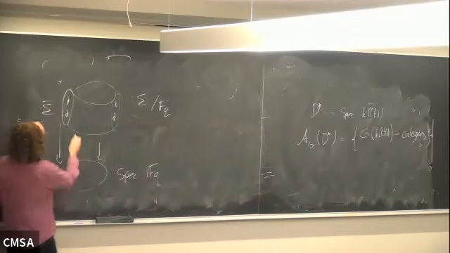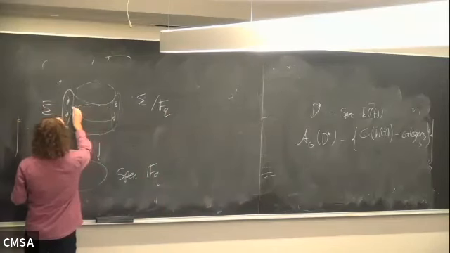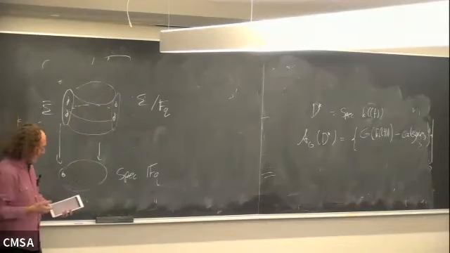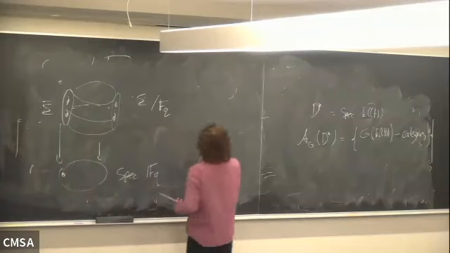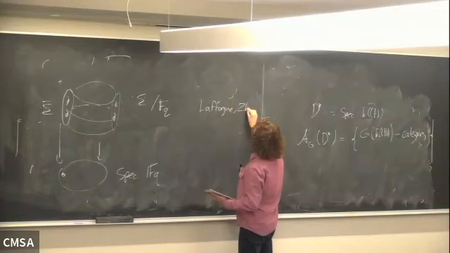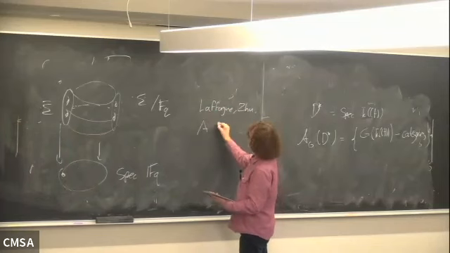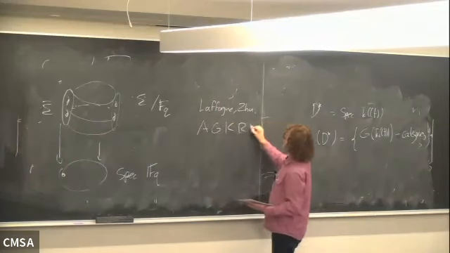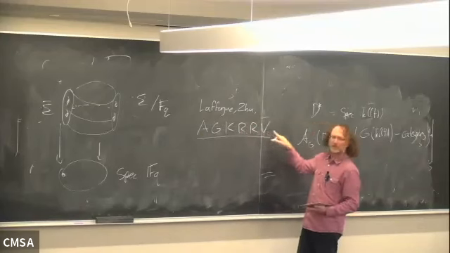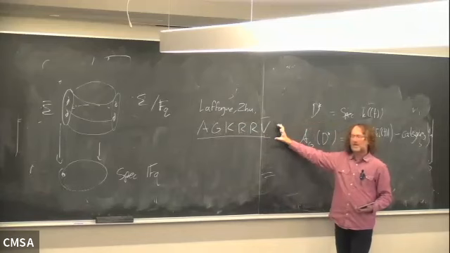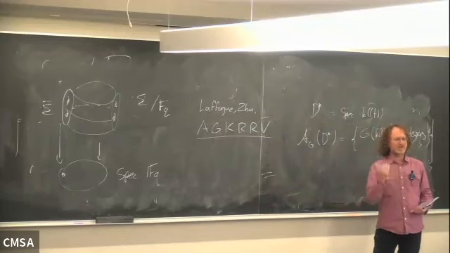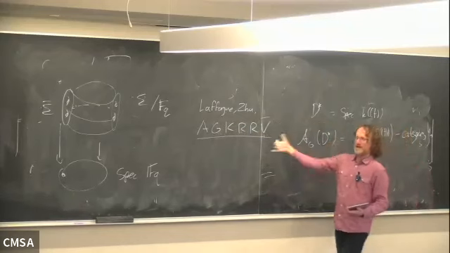So again, we think about the curve over a finite field as the mapping torus of the Frobenius. There are these beautiful theorems, going back to the works of Laumon and Xinwen Zhu, and then, since I'm running out of time, I'll just write A, G, K, R, R, V. This is Arinkin, Gaitsgory, Kazhdan, Raskin, Rozenblyum, Varshavsky. These beautiful theorems tell us the expected field theoretic functoriality for taking mapping cylinders.